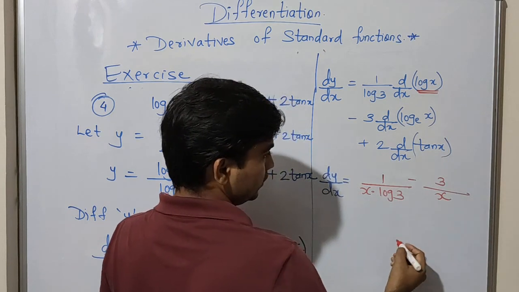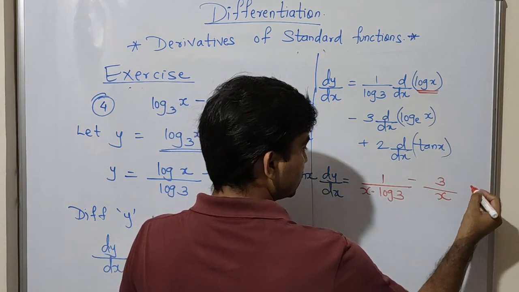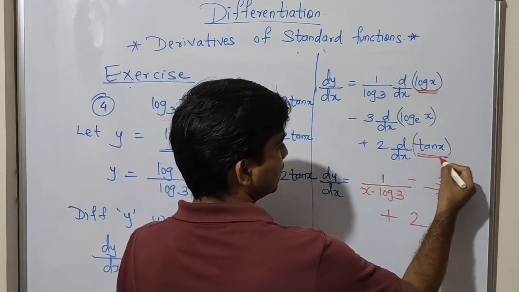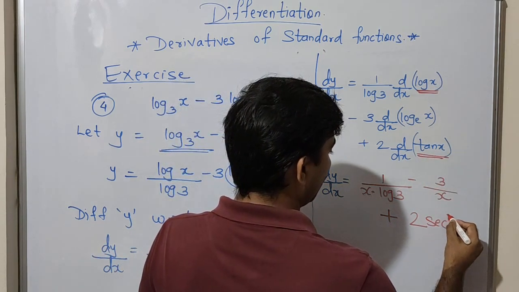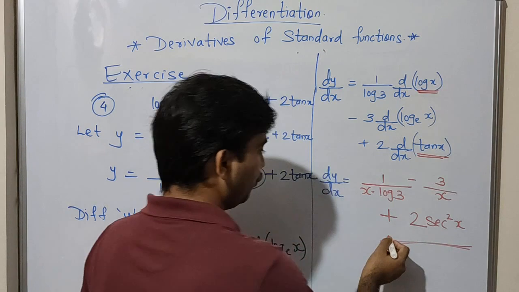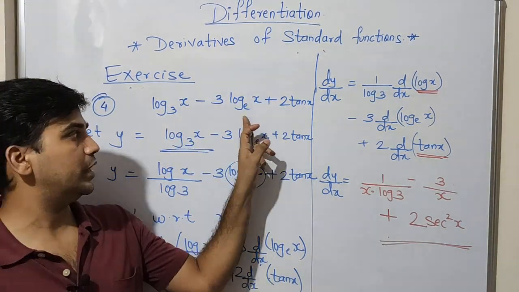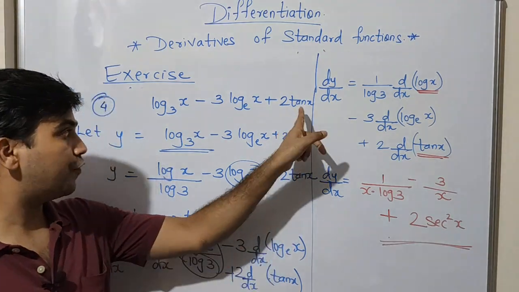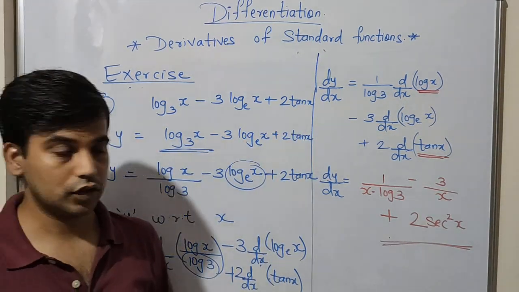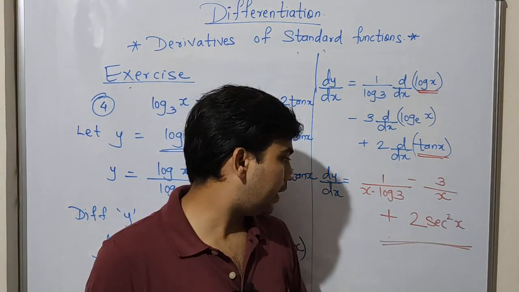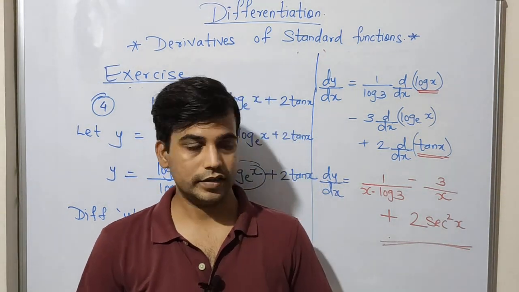This is 3 by x plus 2. What is the derivative of tan x? Sec square x. So when you differentiate log of x to the base 3 minus 3 log of x to the base e plus 2 tan x with respect to x, what do we get? 1 upon x log 3 minus 3 by x plus 2 sec square x.